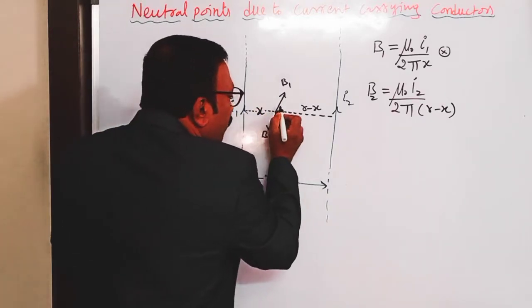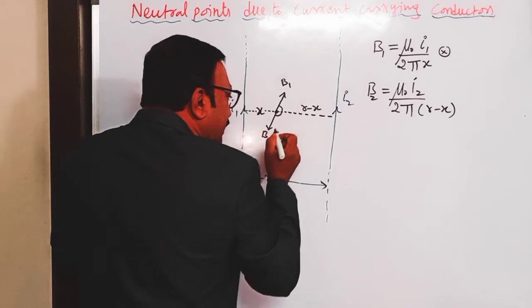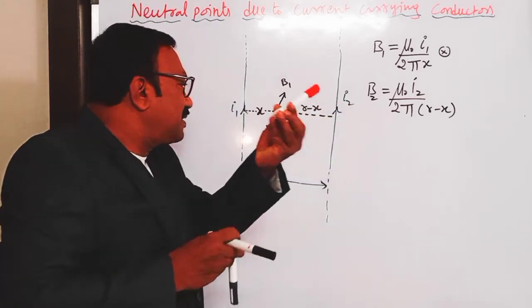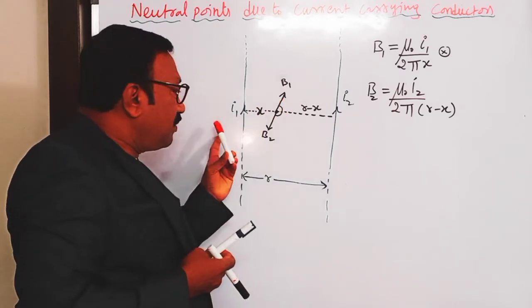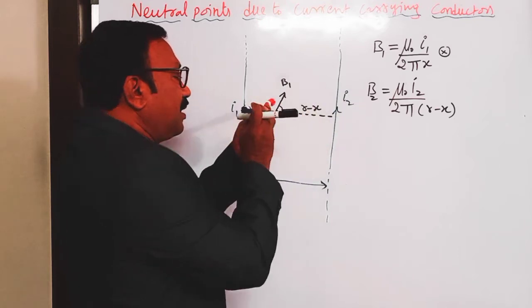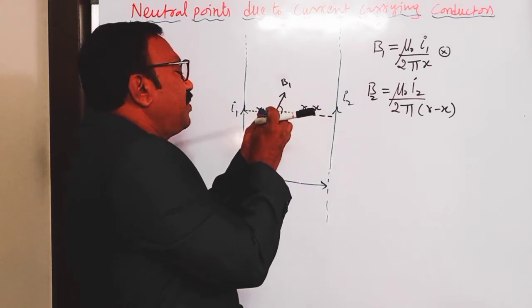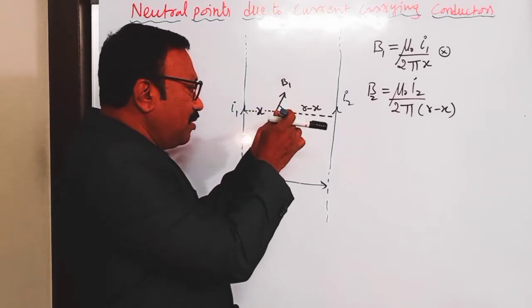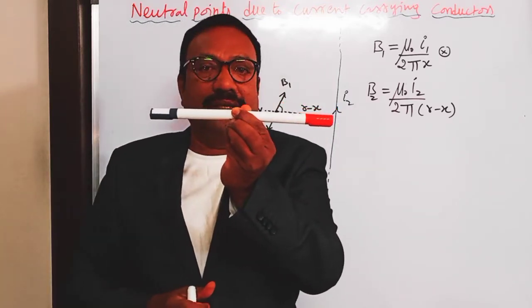Now these two fields are at 180 degrees. That means these two fields are opposite to each other. One field is inward due to the first conductor and another field is outward due to the second conductor. So they will be at 180 degrees to each other.